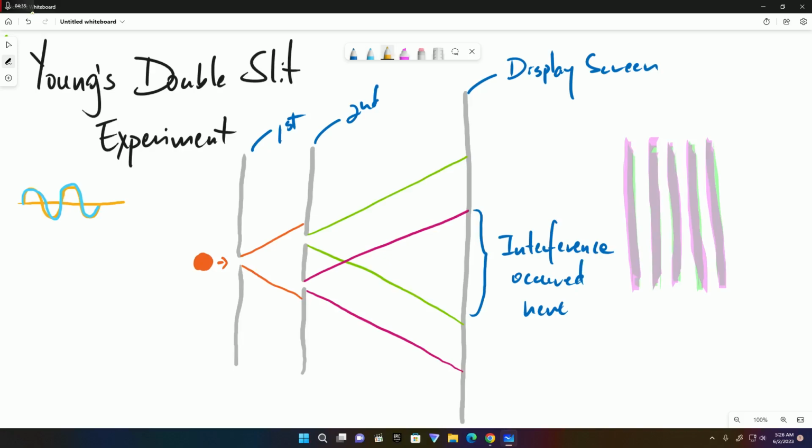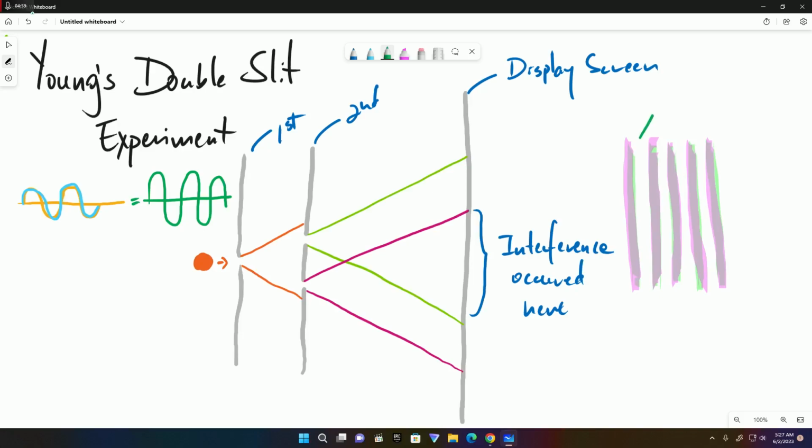What they end up producing is a new wave that is much, much larger. The amplitude of the wave is much larger. In the case of sound, the wave is louder, and in the case of light, the wave is brighter.